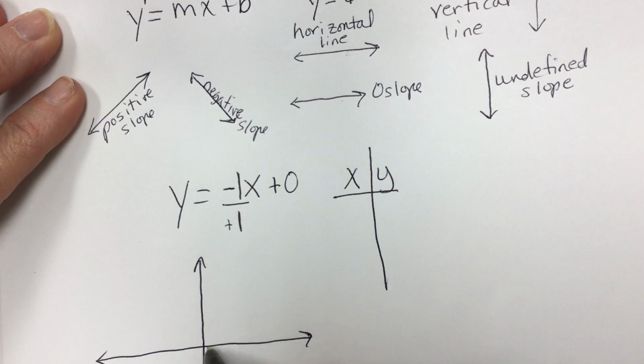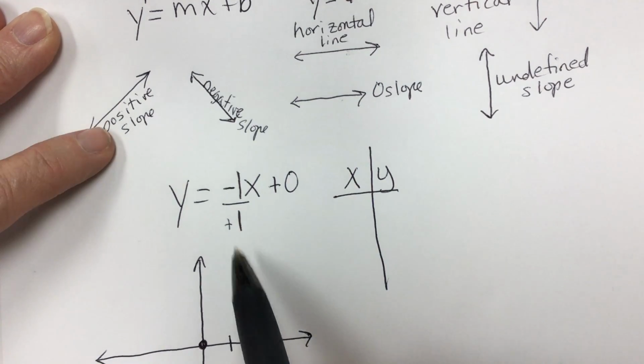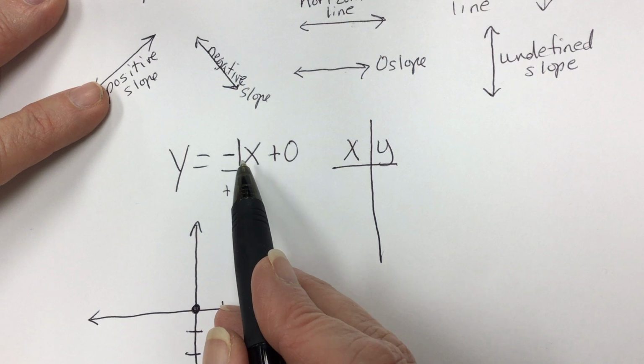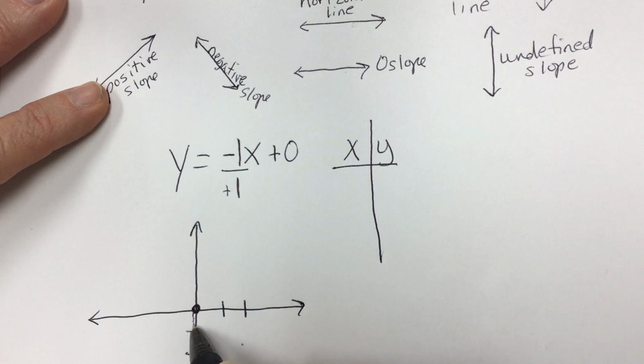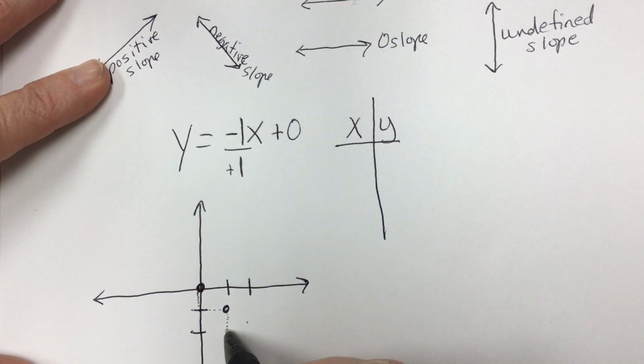We know that my graph is passing through the origin, okay? So if I'm at the origin, the rise is -1, so I go down 1, the run is positive 1, go to the right 1. And I could do that again because slope is constant all the way down the line. Go down 1, to the right 1.